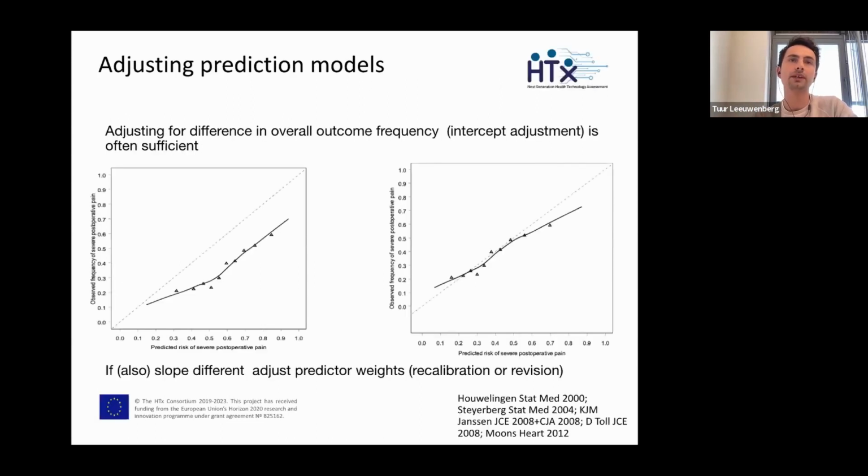So one way to adjust the model, as I mentioned before, is to change the intercept, called intercept adjustment. That means you can change the overall predicted risk of the model. If it in general predicts too low probabilities, you can just increase the probabilities, or adjust the model accordingly.